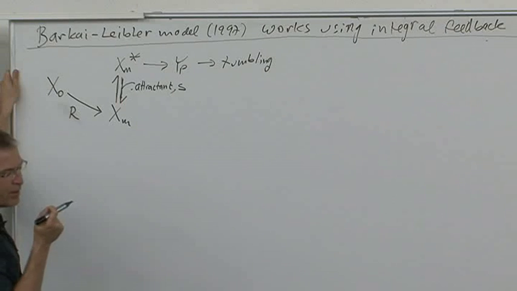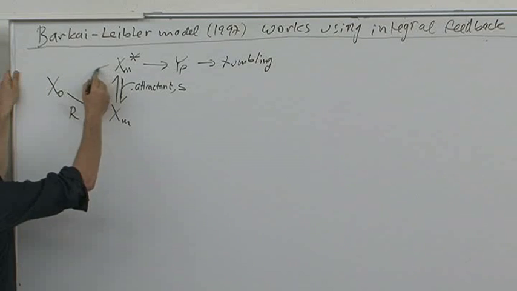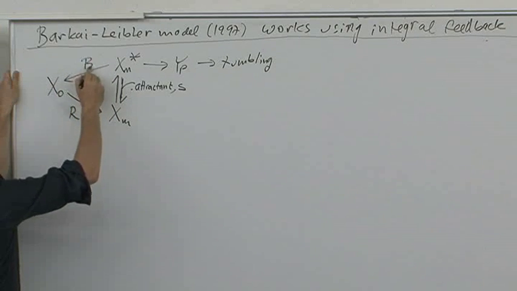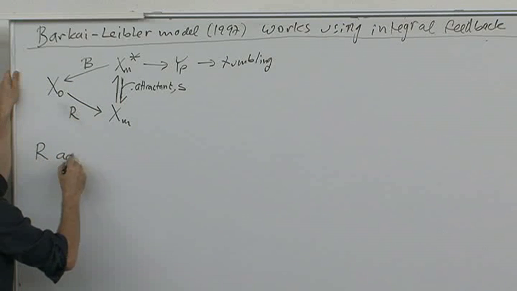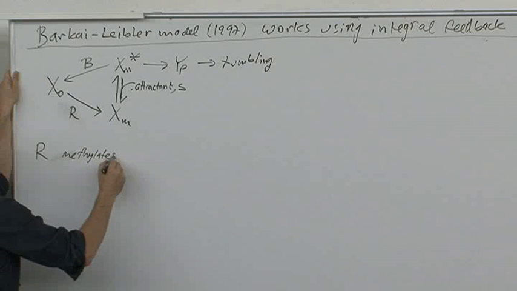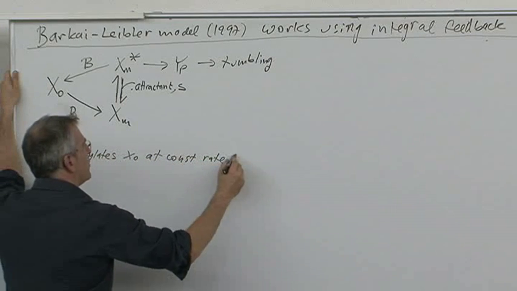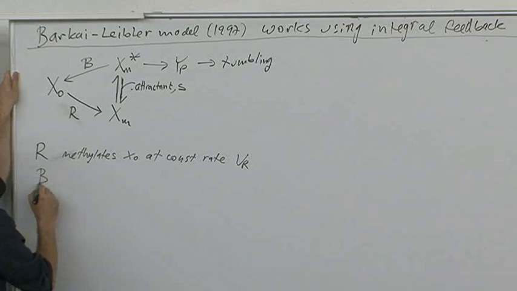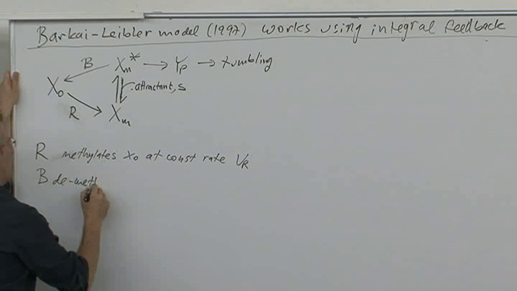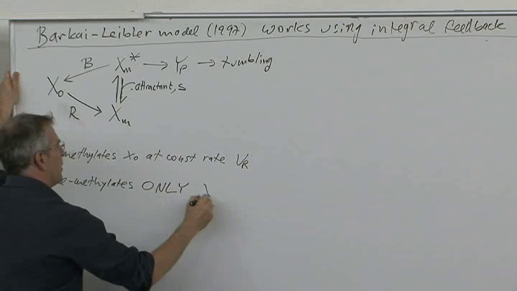And at the heart of this model is an assumption. So R methylates the receptors at a constant rate, VR. And B demethylates only the active receptor.